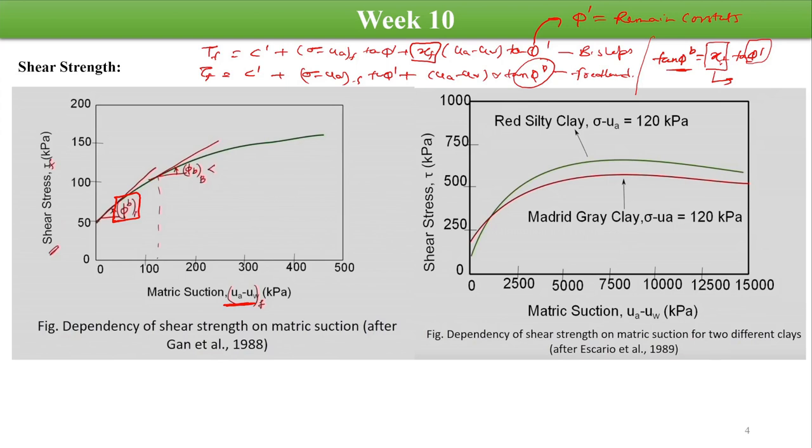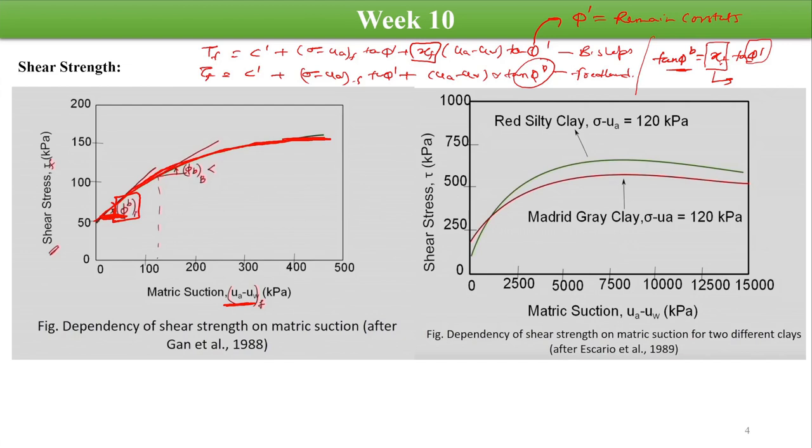Several researchers have concluded that the value of phi b decreases as the value of matric suction increases. So we can see from this curve, the value of phi b is more here, then it decreases and reaches an equilibrium value here, which will be equal to zero.